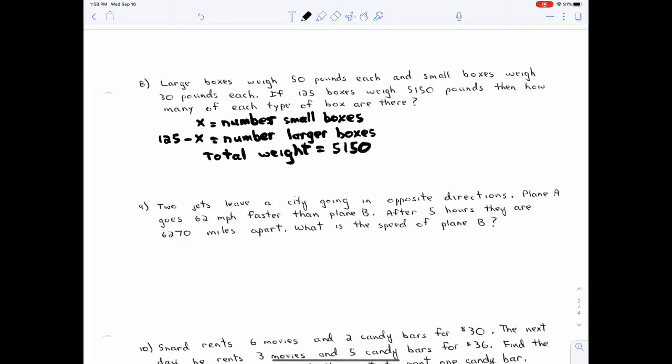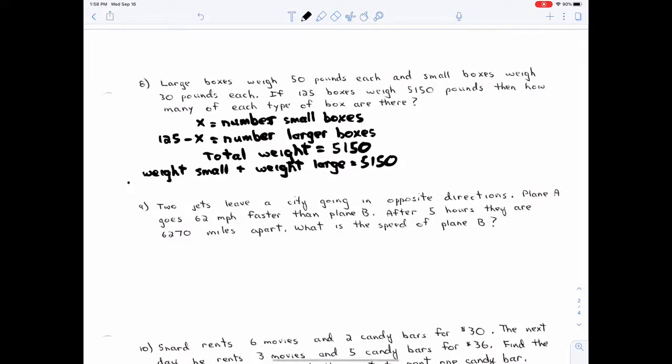Okay, well, how do you find the total weight? The weight of the small boxes. Again, it's not always a sum, but a lot of times it is. And then the weight of the large boxes. Okay, well, how do you find out all the weight of all the small boxes?